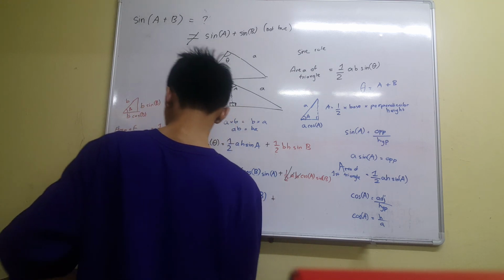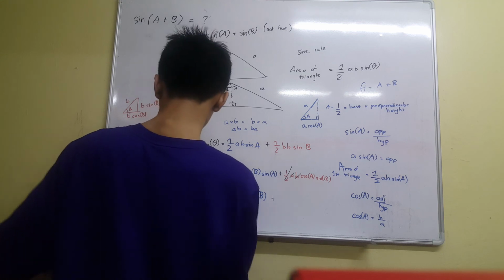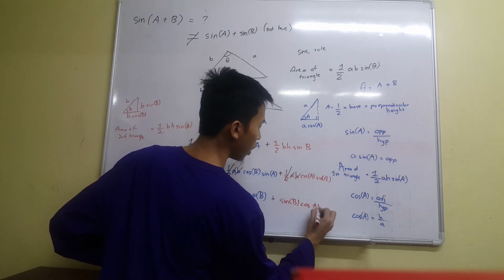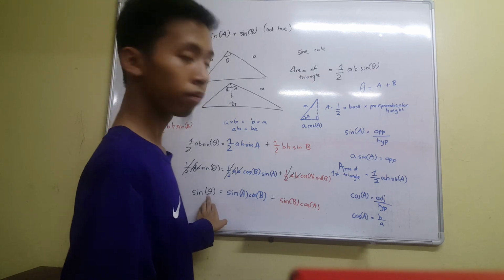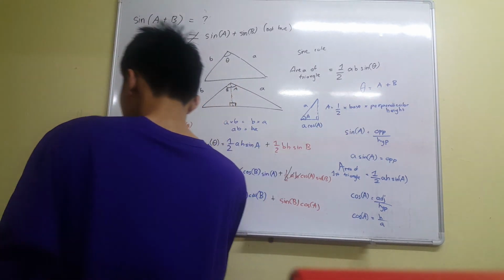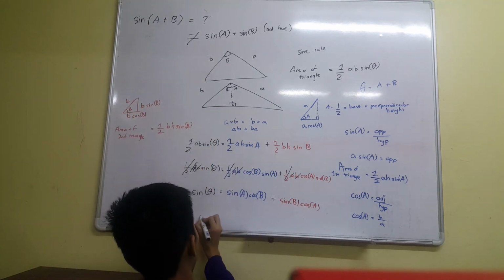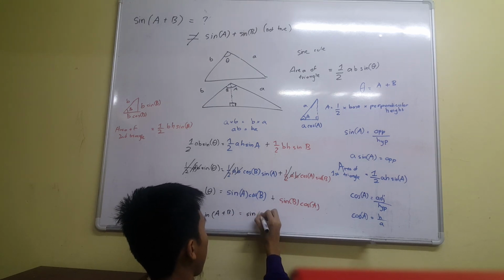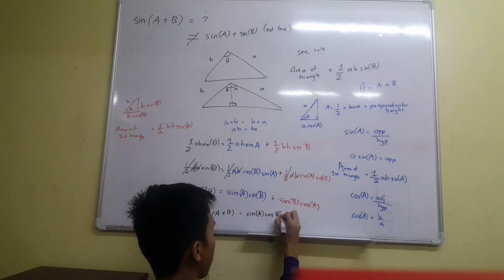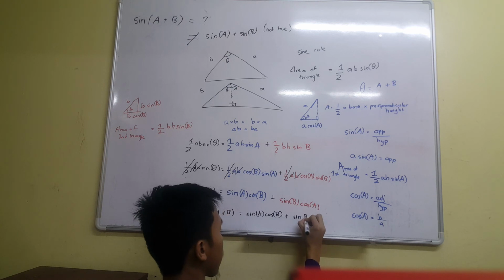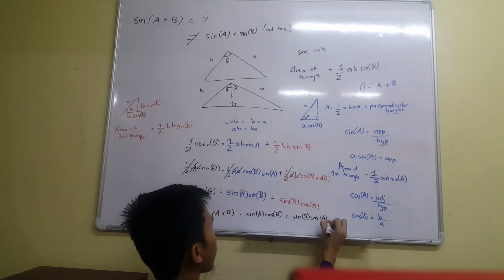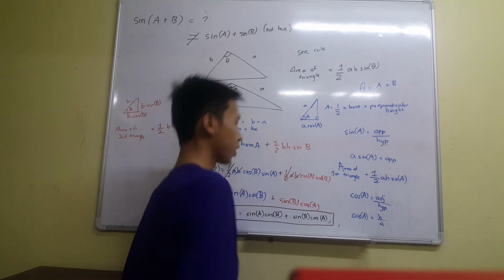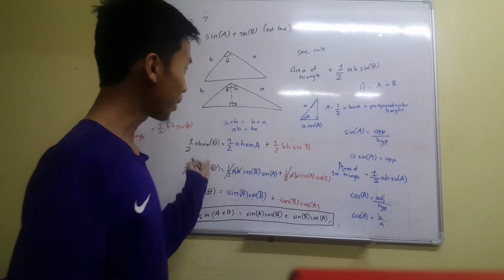Plus sine B cos A. And since we know that theta is equivalent to A plus B, I can write the conclusion as sine of A plus B is equal to sine A cos B plus sine B cos A. This is the proof that we get simply by using the triangle.